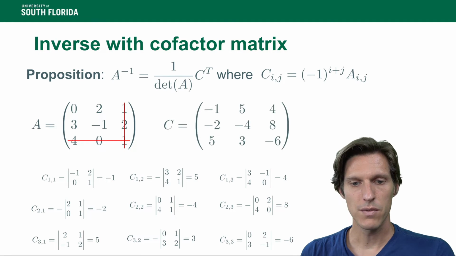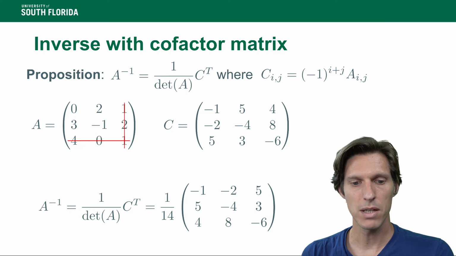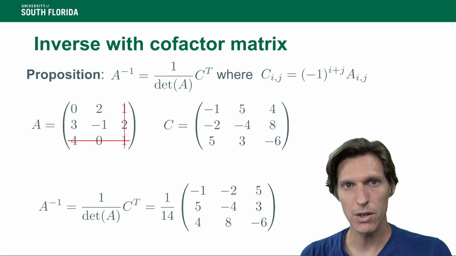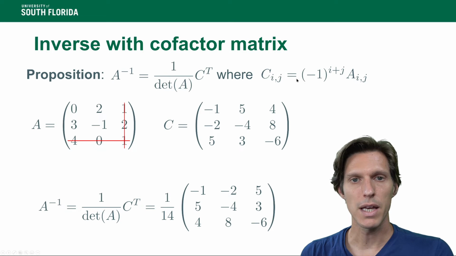So that gives us the matrix C, and now we transpose C, multiply by 1 over the determinant which we calculated in the previous slide, also through cofactors, and that gives us the matrix A inverse just at the price of 2 by 2 determinants.